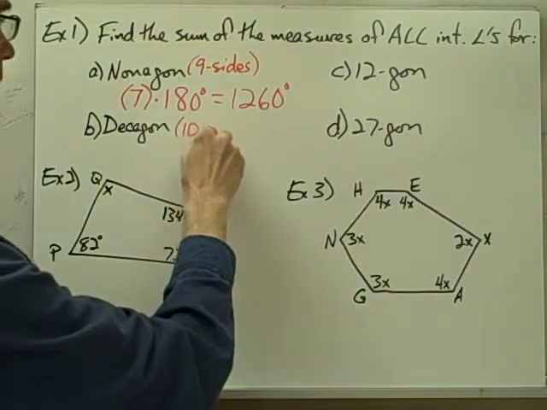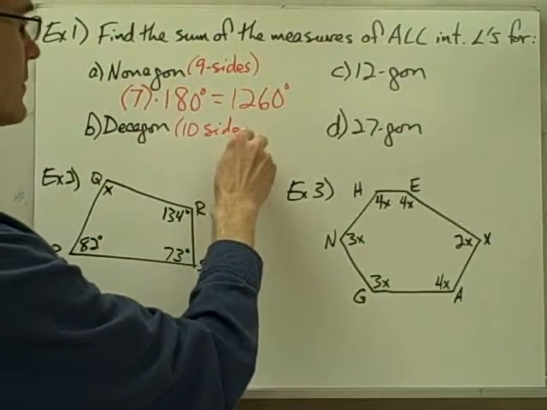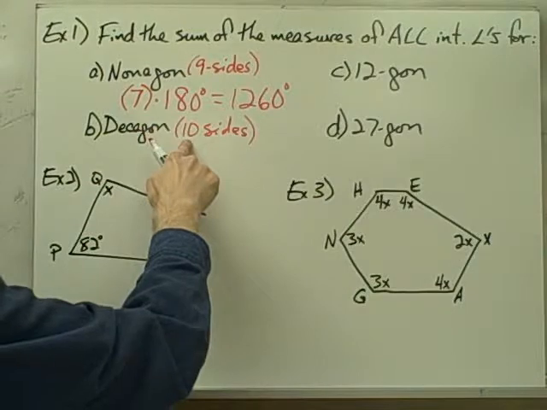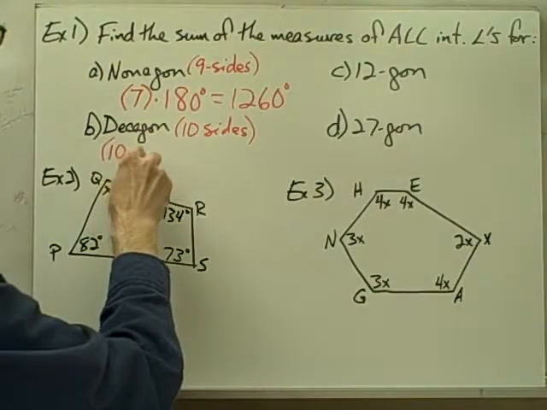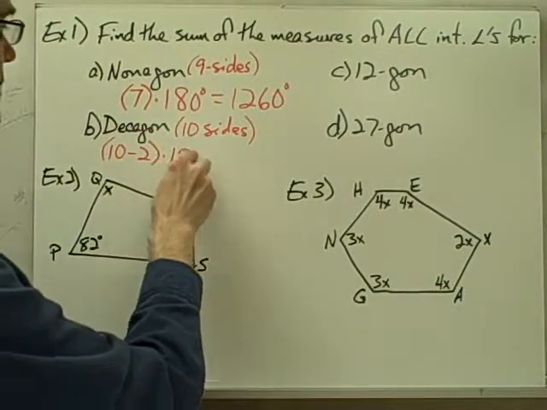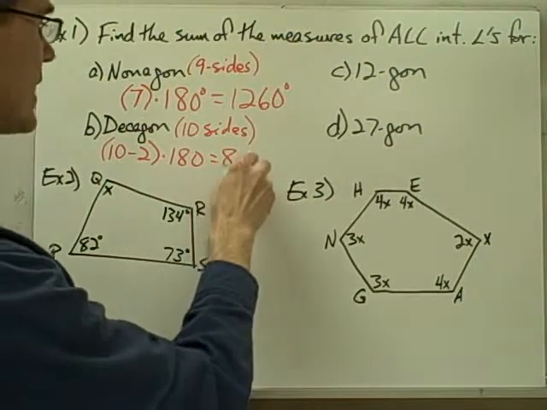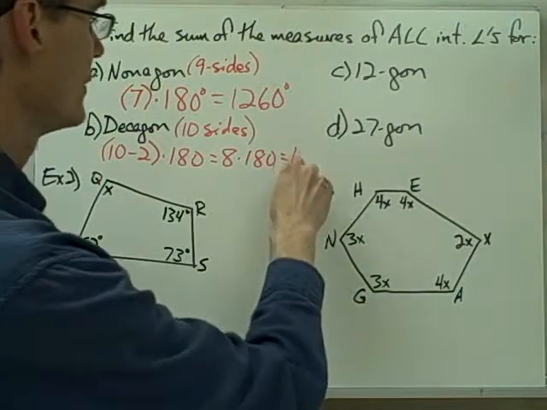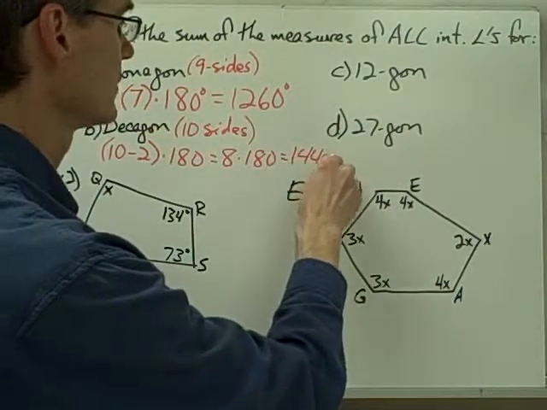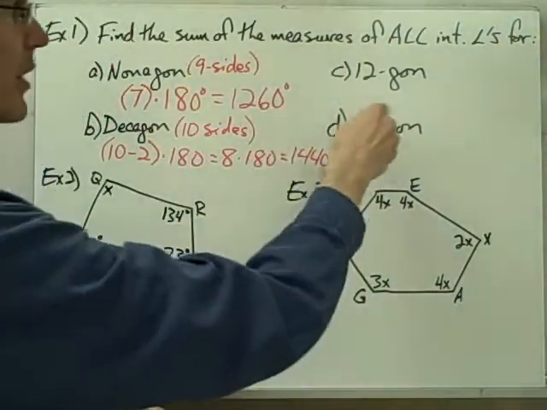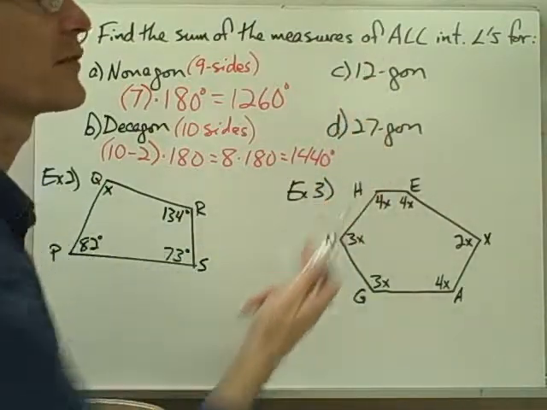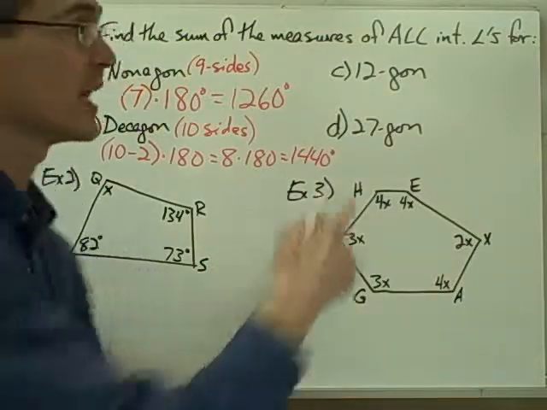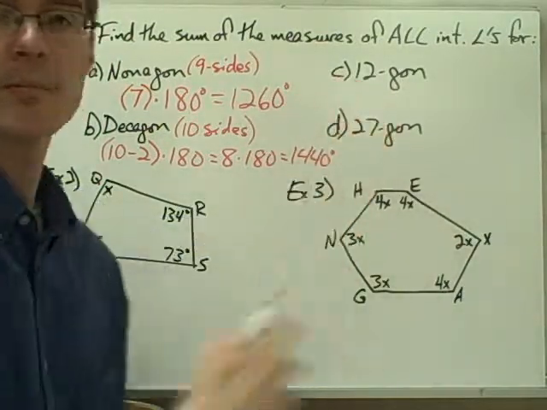Decagon, that's 10 sides. I'm going to use my handy formula that I've got, n minus 2, which would be 10 minus 2 times 180, which is 8 times 180. And 8 times 180 is 1,440 degrees. And I could go on with all the rest of these. For a 12gon, that's a 12-sided figure. Once you get above a certain point, you kind of stop giving them individual names and you just call them a number by however many sides they have.